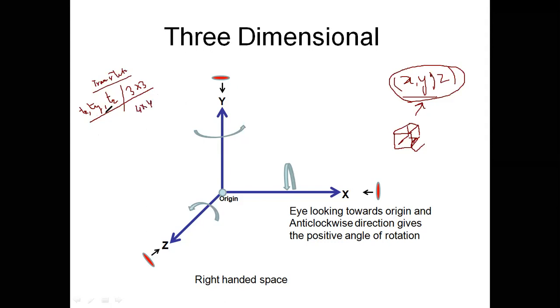So if I write the translation matrix in 4 into 4 order, you will have 1, 1, 1 and 1 on the diagonal, and tx, ty, and tz.